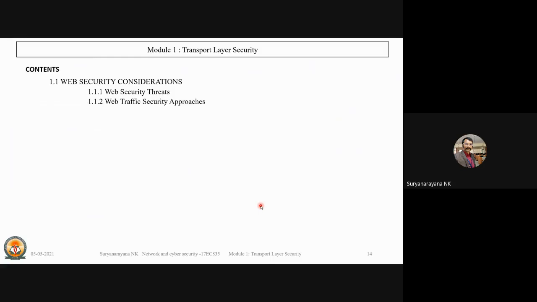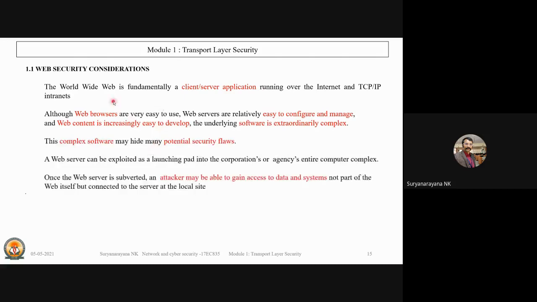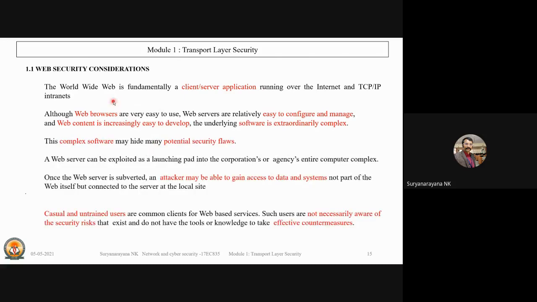Let us try to understand the importance of web security. So we will study here web security threats and web traffic security approaches. These are some of the theory points we need to understand for web security consideration.